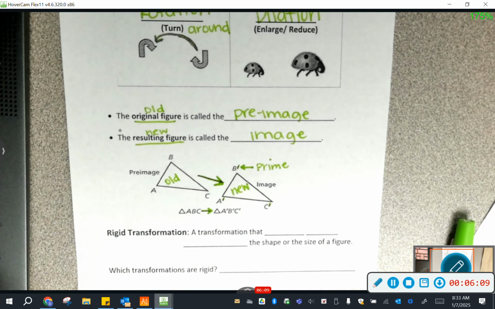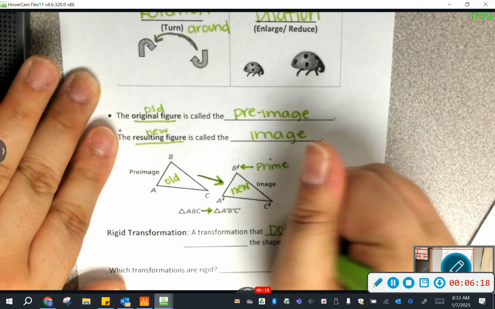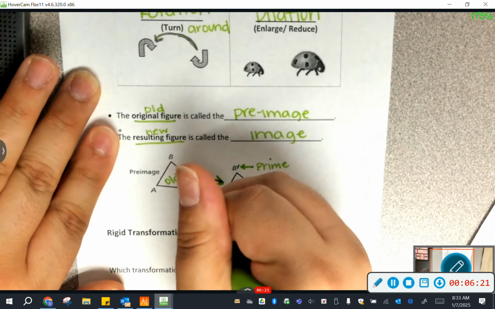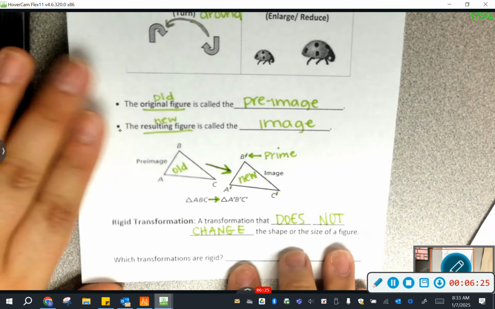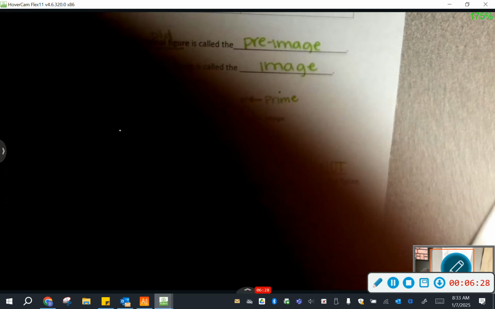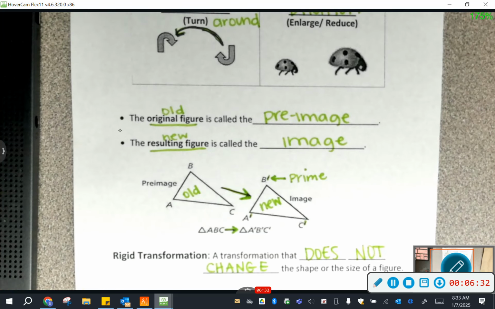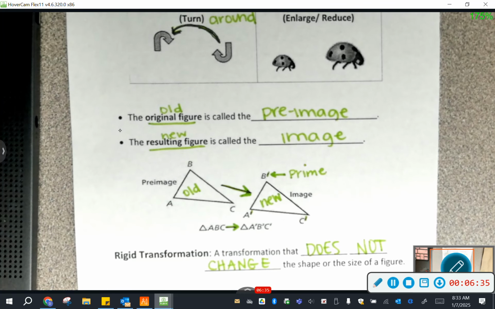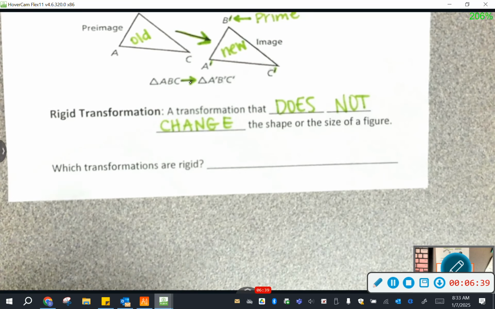Last but not least, a rigid transformation. It's a transformation that does not change the shape or the size of a figure. I want you to look at your pictures up top.